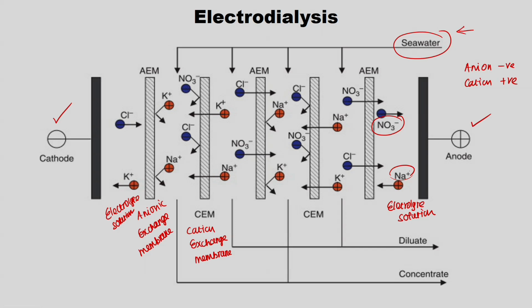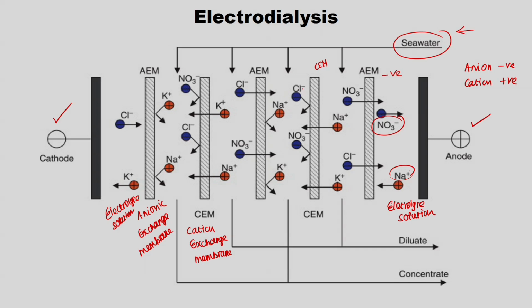The anions pass through the anion exchange membrane, the cations pass through the cation exchange membrane. When you are feeding the sea water here, the NO3 minus and Cl minus tend to pass through the anionic exchanging membrane, which allows the negative charge, right. The same way Na plus and K plus, the positively charged ions, pass through the CEM, right.